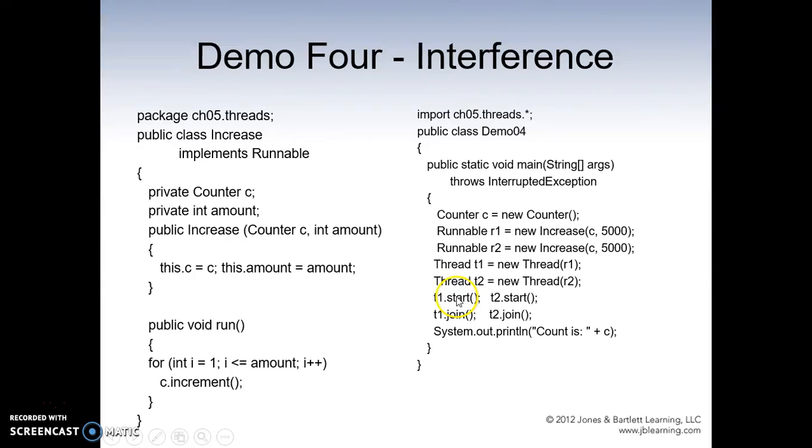But the problem is T1 and T2 are sharing the same resource, which is one counter. It could be possible that they call run at the same time. So what happens when they call run at the same time? Then the count may not reach 10,000. Why?